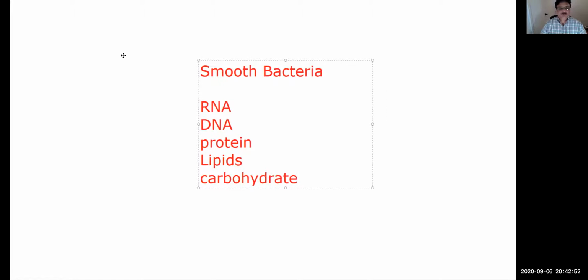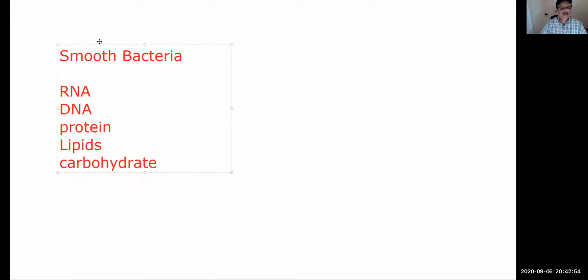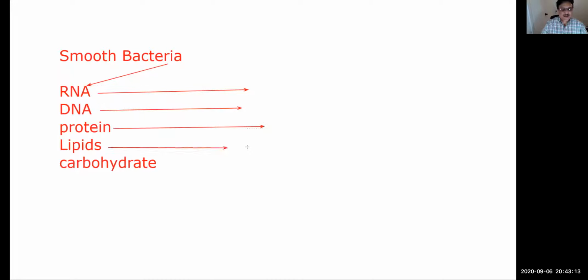They isolated these factors, took them individually, and injected them into mice.